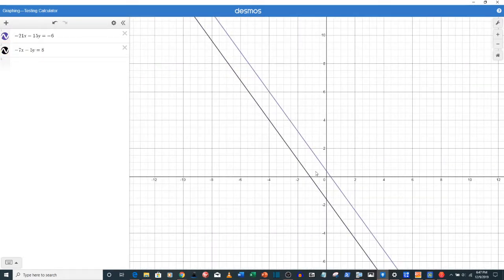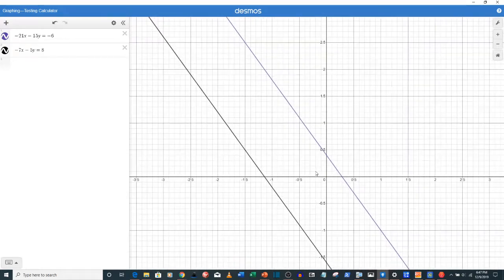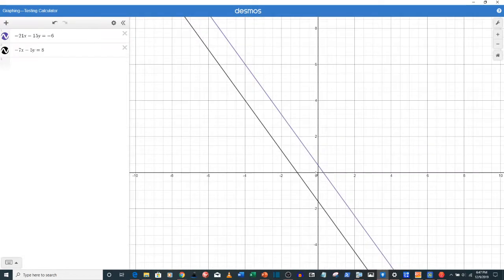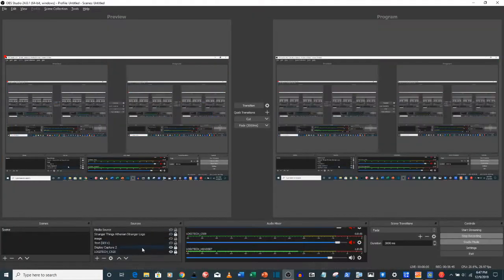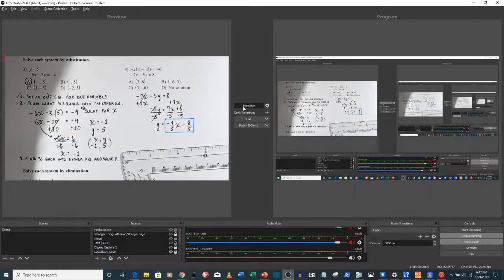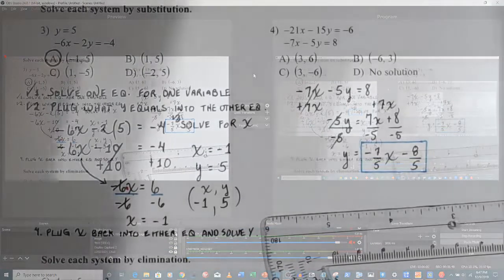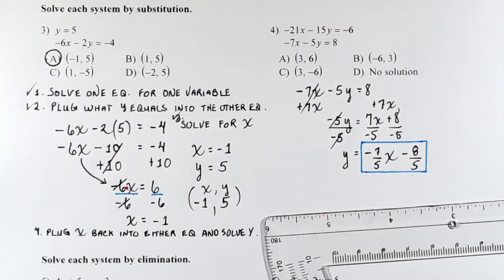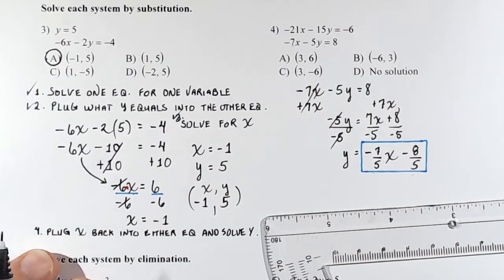Okay, they're parallel lines, so there's no solution. Okay, so that's what we're headed for. Well, let's see that play out in real time.